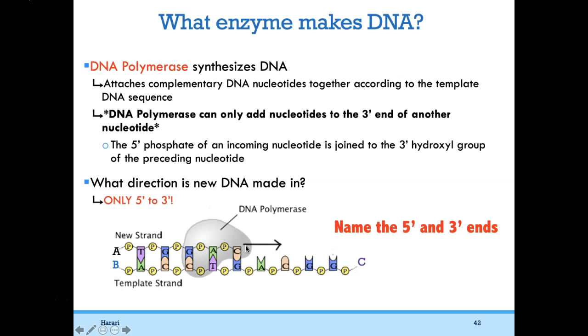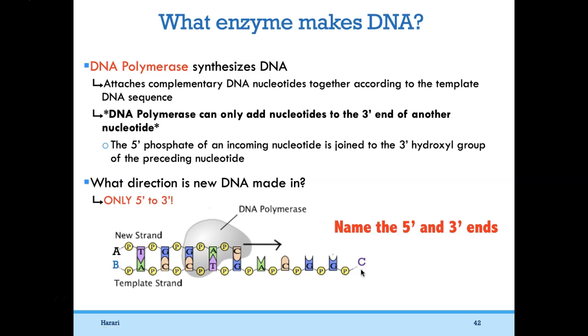This must be the 3' end because this is where the replication is going. If this is the 3' end, that means this must be the 5' end, right? A must be 5', and that means B must be 3'. And if B is 3', what is C? C is also 5'.